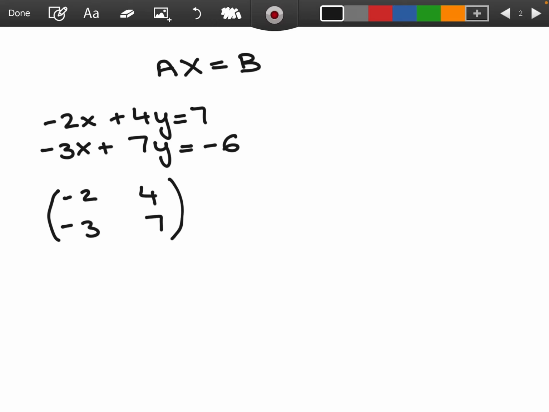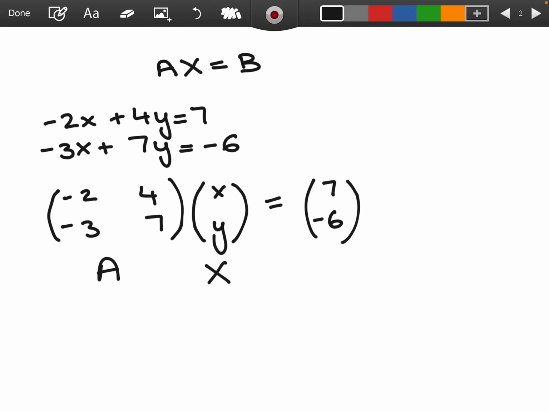Now we said in 2.3, I'm going to rewrite this as a coefficient matrix multiplied by a column matrix equal to this other column matrix. So A times X is equal to B. Okay. And we said just by multiplying this back out, I would end up with my system of equations.